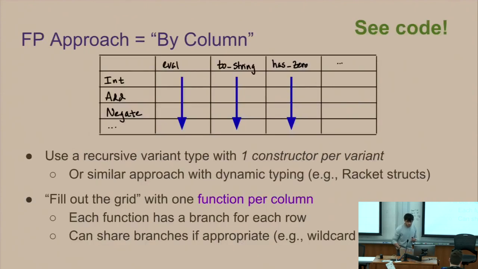Cool. So first, let's look at some code. But before that, the functional programming approach is by column, right? And you guys could have guessed that because we have our functions in the columns. And what we do in functional programming is that we fill this matrix column by column.